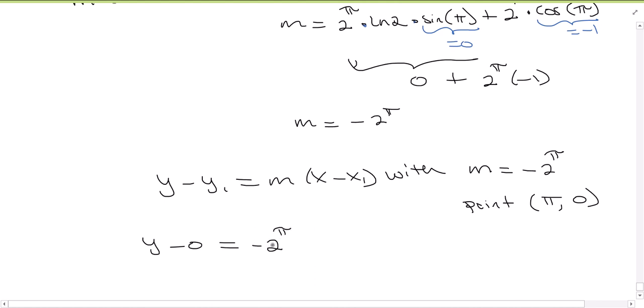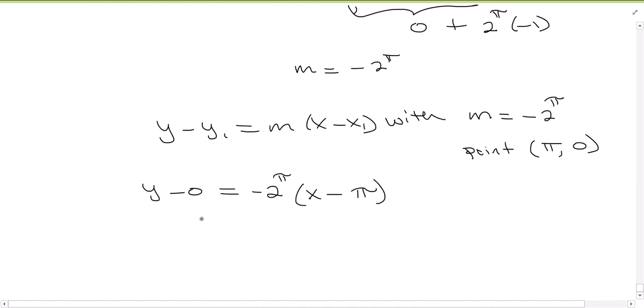Make sure that it is clear that pi is in the exponent, and then times x minus x1, so x minus pi. And this one is easier to put in y equals mx plus b form, so just distribute your slope. So -2 to the pi x, and then minus times a minus becomes plus pi times 2 to the pi.